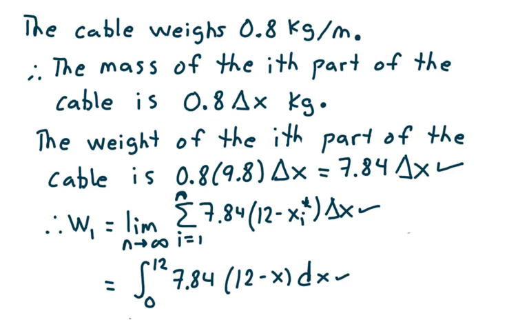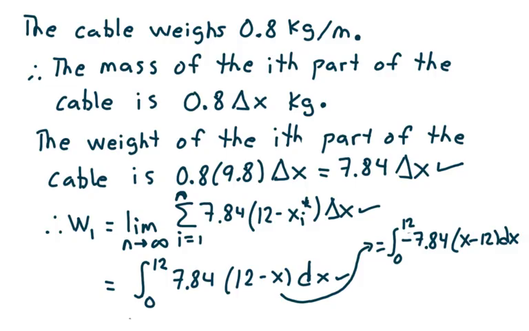Now, I'm going to factor out a negative here. This is the integral from 0 to 12 of negative 7.84 times x minus 12 dx.